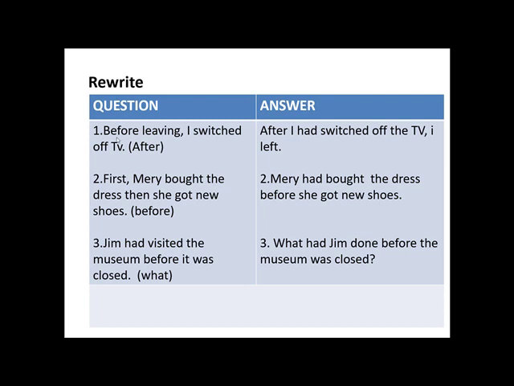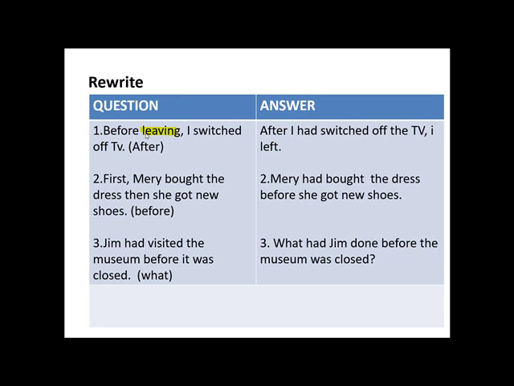For example, here: Before leaving, I switched off the TV. I want you to pay attention to this part. Here, "before" is followed by a gerund, a verb with "ing". So we learned from the sentence that "before" could be followed by a full sentence of subject and verb, or could be followed by a gerund or noun.